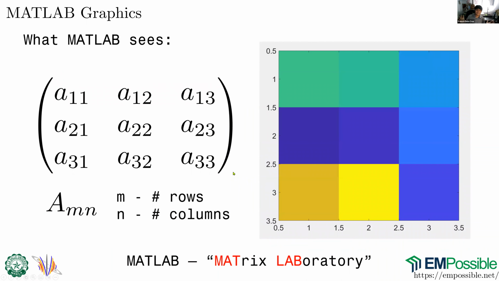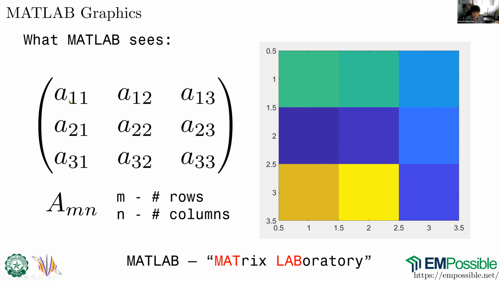Of course, yes. The answer is yes, because MATLAB means matrix laboratory. So it's a combination of math and lab. So everything in MATLAB will be seen as a matrix or an array of numbers. Not anything about creating a point in a space, because it's not Cartesian, right? So what MATLAB sees is this: you have a matrix here.